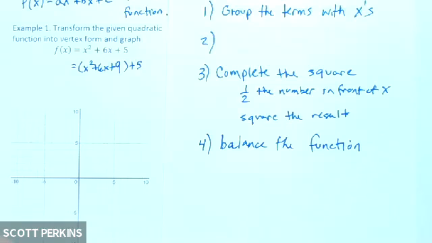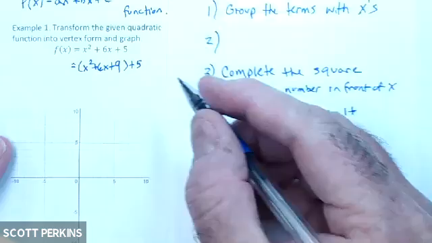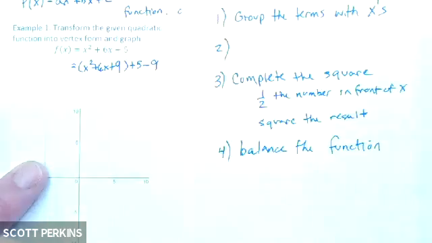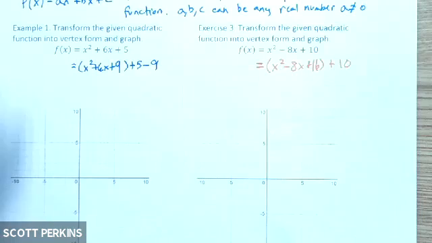So in order to balance something, if I add 9, what do I have to do to get it back to where it was? Subtract 9. So outside the parentheses where this number we left out was, I'm going to subtract 9. That's my balance step. Do the same thing on your problem, please.